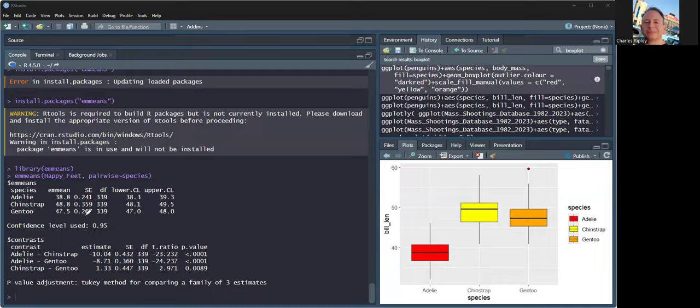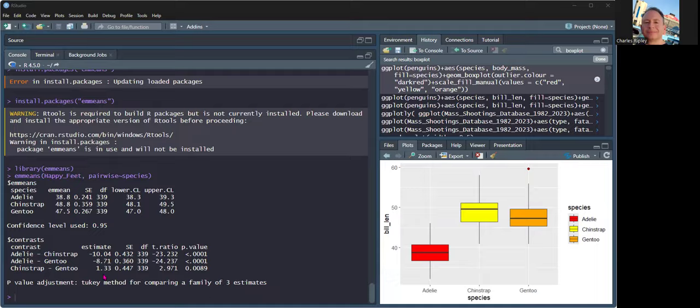So the point here is we're using a means function, right? Because when you look at the regular output with the LM function, it's not comparing all of these together: Adelie, Chinstrap, Adelie, Gentoo, Chinstrap, Gentoo. So they're all being paired, hence the name pairwise. So then we come to the estimate.